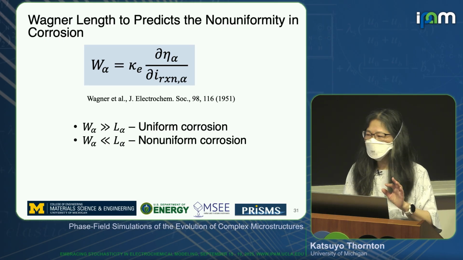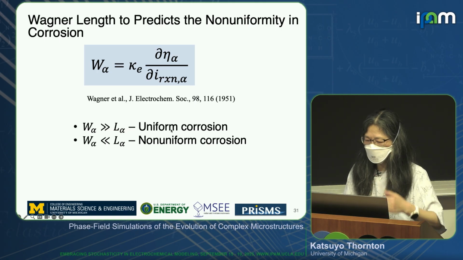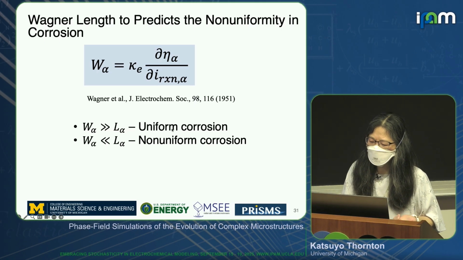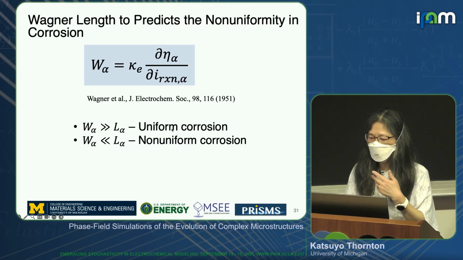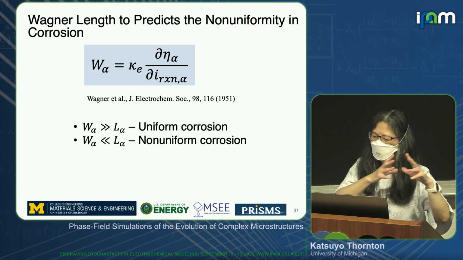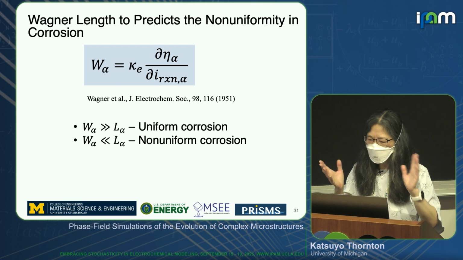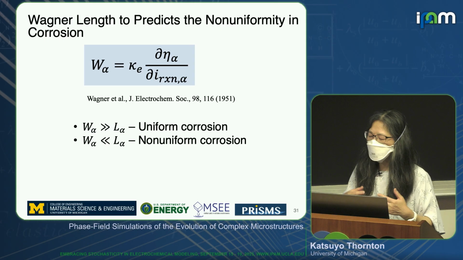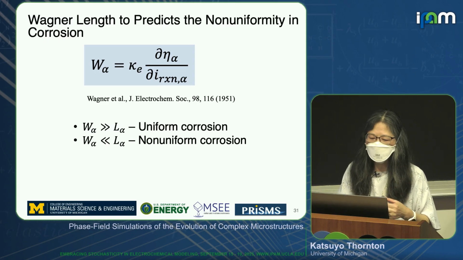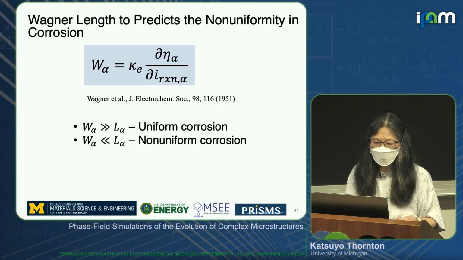And this governs how uniform the corrosion rate is going to be. You can think of the Wagner length as a characteristic length over which ionic transport is efficient enough to keep the current density uniform, to the order of magnitude.